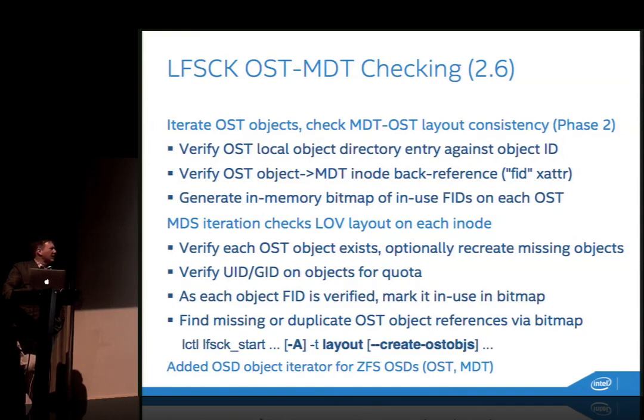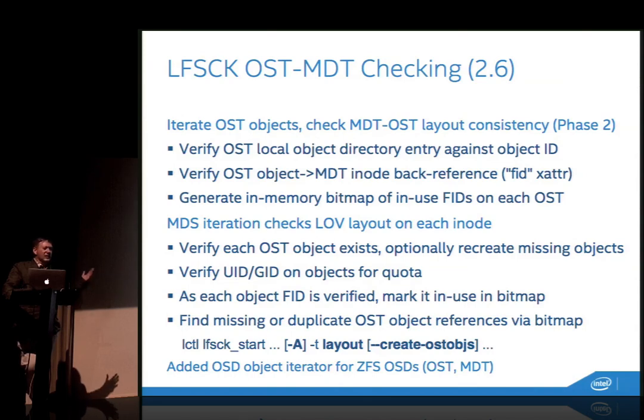And this allows you to detect objects that are unreferenced on the OSTs, for instance, or if they have multiple references. And then you can recover if, let's say, you run e2fsck on the MDT and there were some files that were corrupted and erased. Now you have these entries on the OSTs that are never being used anymore, and so you want to be able to detect them.